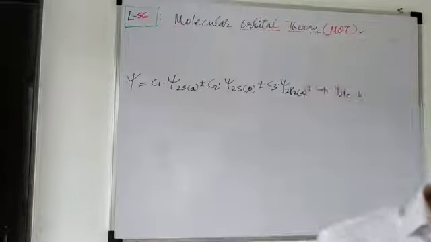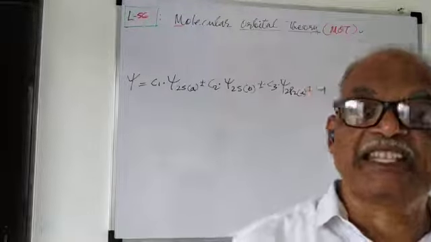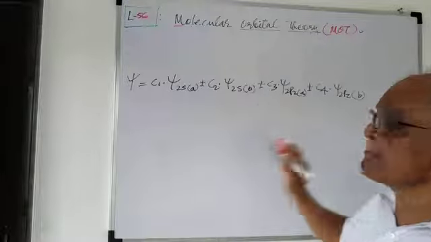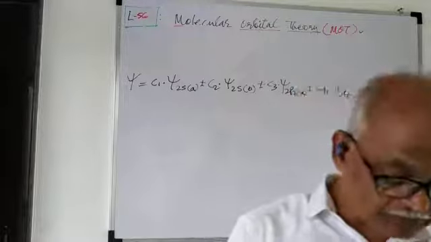So such four atomic orbitals will interact with each other and they will produce four molecular orbitals.